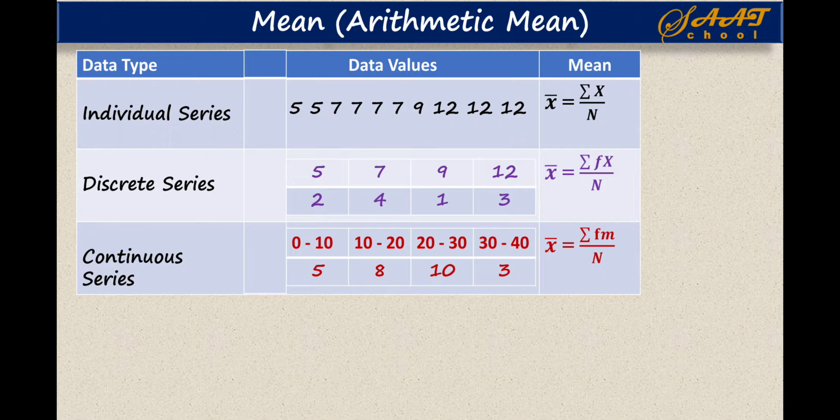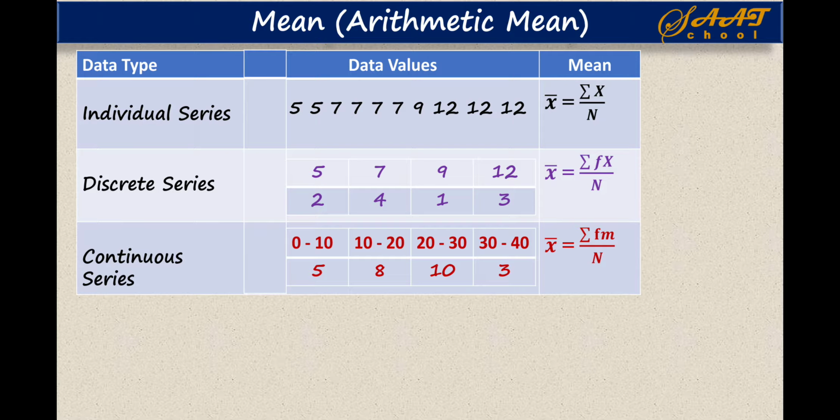Now we have three types of data. The first is individual, second discrete, and finally continuous. In individual series, the data are given individually, meaning 5, 7, 9, 12. These are individual data.